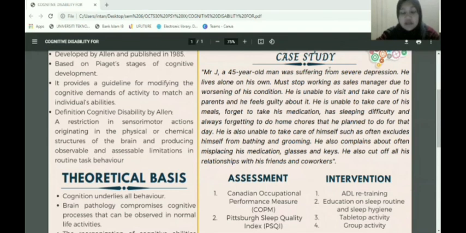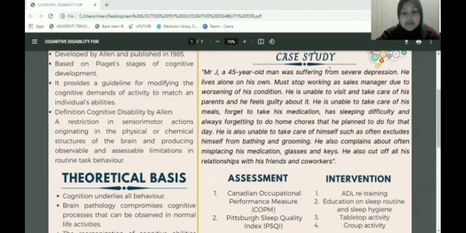So the intervention that we can use for this problem is group activity. So group activity involves a gathering of a few patients that have similar conditions to share and communicate with each other.